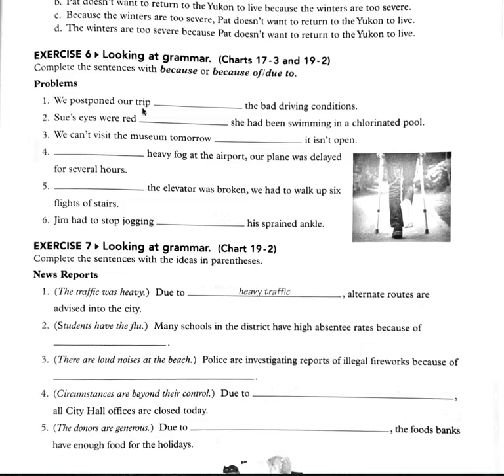We postpone our trip blank the bad driving conditions. Okay? So here, you look at the bad driving conditions. This is a noun object. It's not a subject and verb. So you say because of or due to. Now go ahead and do number 2, 3, 4, 5, and 6, please. We'll check in a minute.